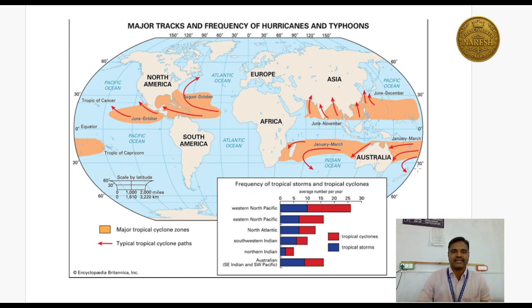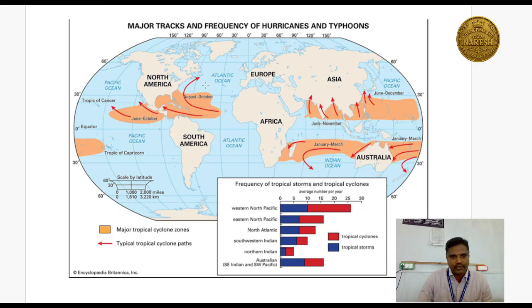So these are the major tracks and frequencies of hurricanes and typhoons which occur throughout the world. If you see North America, these are the hurricanes and typhoons that happen. In June and October, North America faces them, and on the east side of North America, August and October.